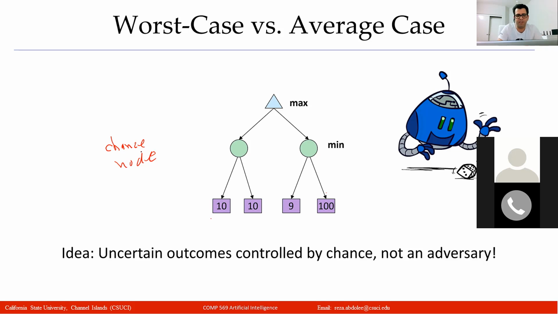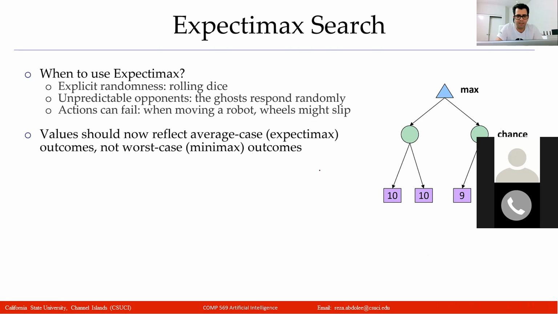Therefore, we need to know, or approximate, the probability of the adversary choosing this or this. If we have those probabilities, then we can use the algorithm called expectimax to find the optimal path for our game and our next move.